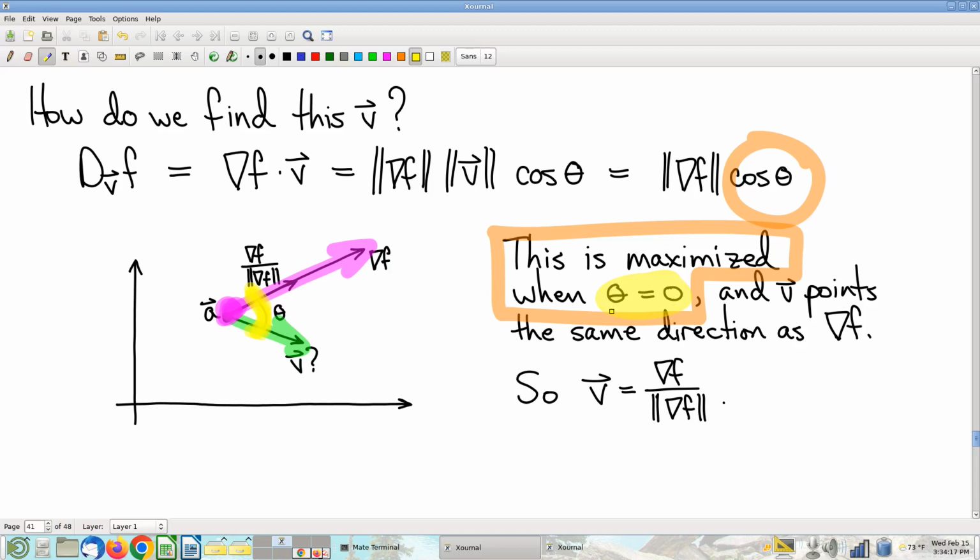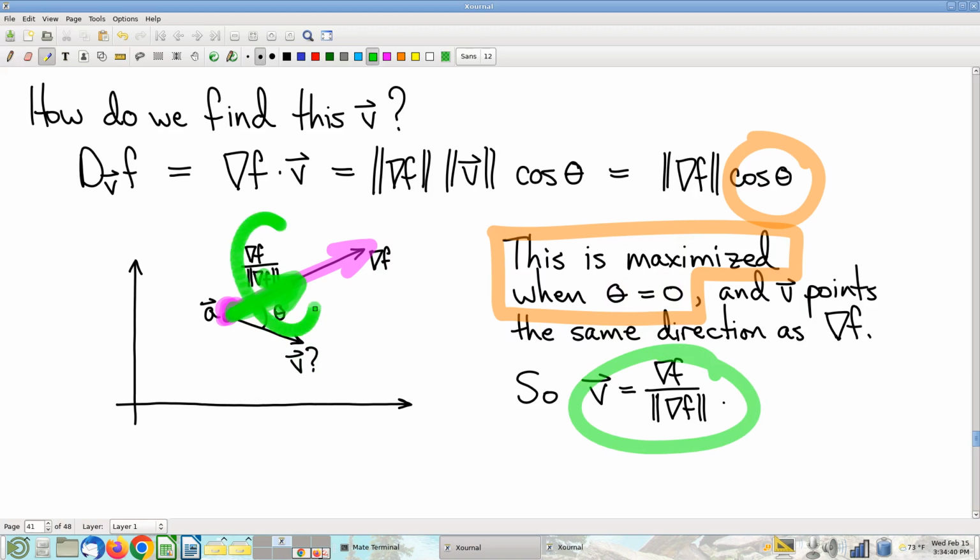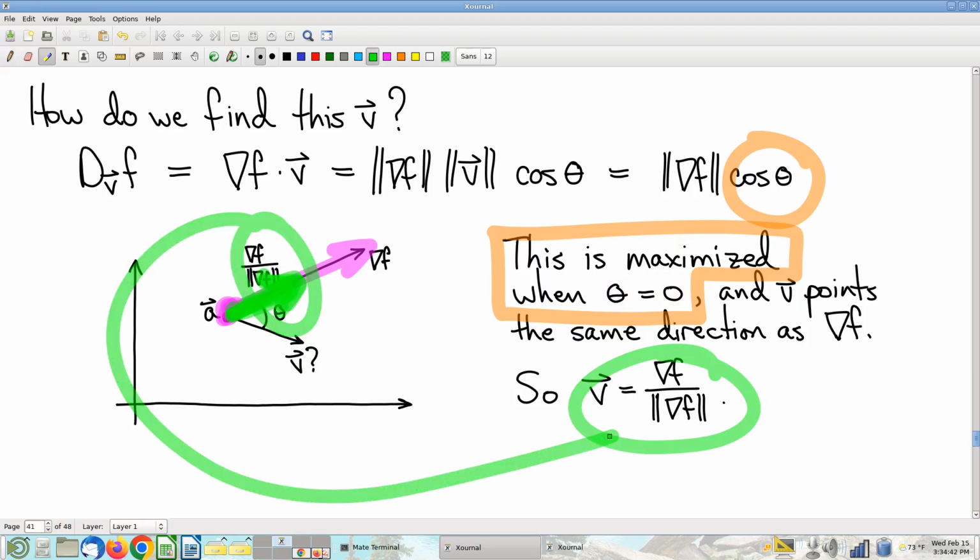I need the angle between the gradient and the direction that I'm going to start moving to be 0. Or said differently, I need to actually move in the direction of the gradient itself. That's the ideal direction. What do you think? Everybody okay with that argument? A little trig argument, basically.